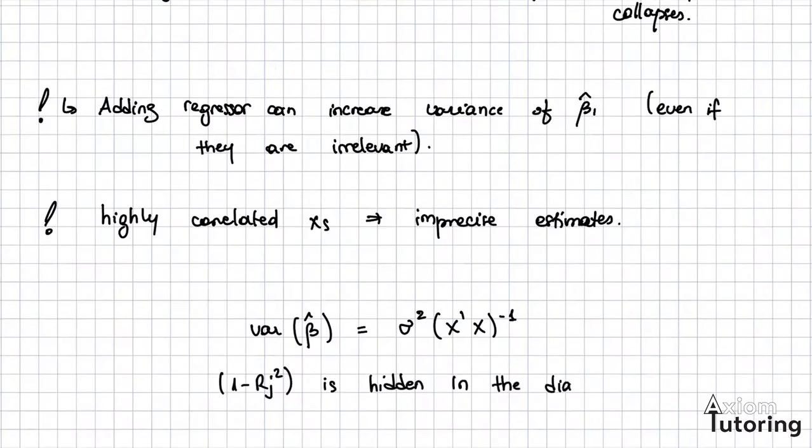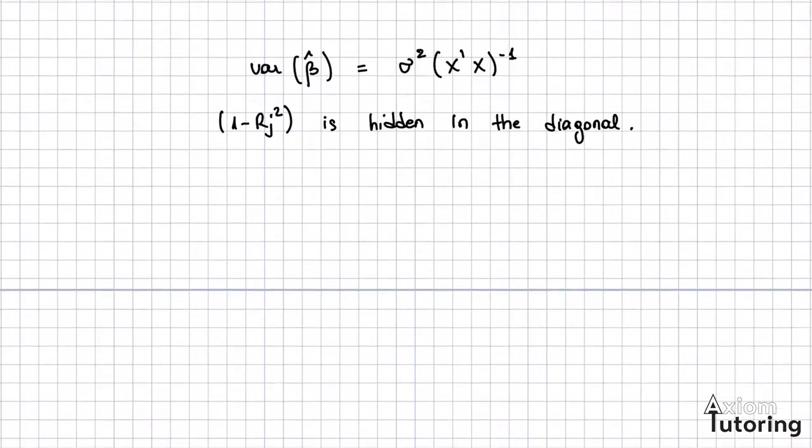You don't need to worry about what the diagonal is right now, but just keep in mind nothing is going to change representation-wise for the matrix notation, but it does change for the scalar notation. And these two conclusions are part of the reason why we have to include that term in here. So in a sense, you can think of this 1 minus R squared j as capturing the strength of multicollinearity.